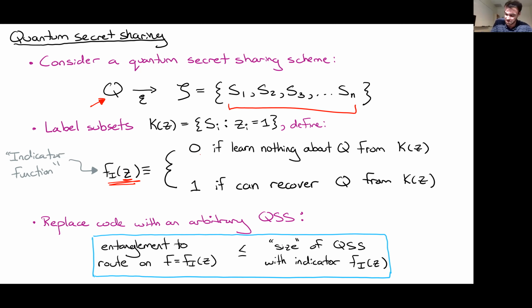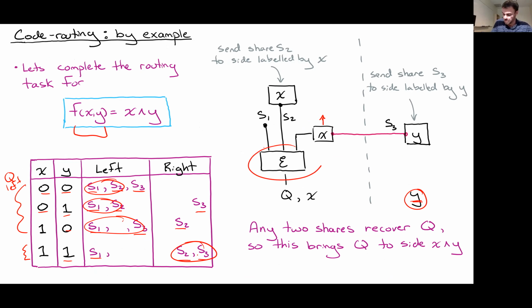The indicator function is 0 if you learn nothing about Q from the corresponding subset, and 1 if you can recover Q from the corresponding subset. And then if you want to do the F-routing task for a function that happens to be the indicator function for some secret sharing scheme, you just replace this simple code with your quantum secret sharing scheme.